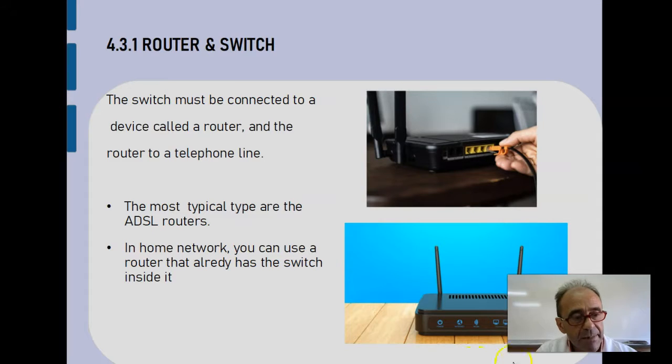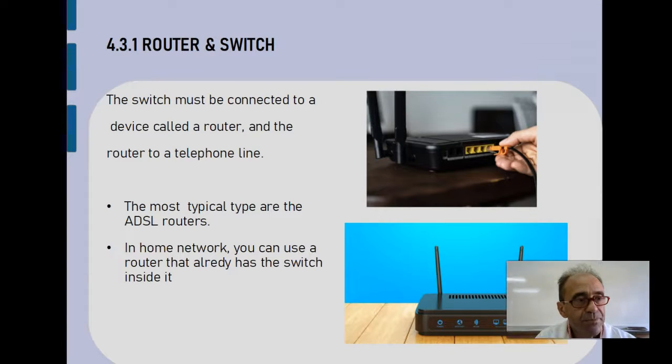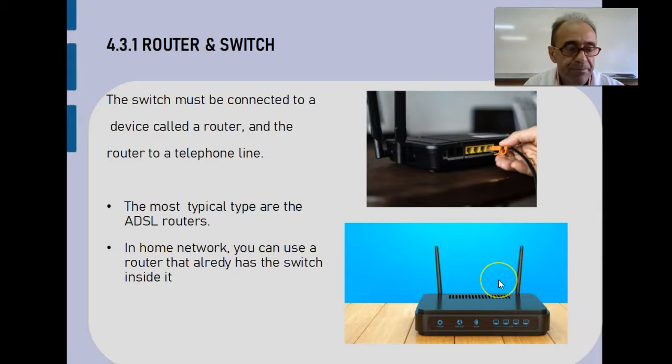The router is the device that allows us to connect to the internet. It's something that we have at home, and it allows us to connect to other computers through the telephone line. This is what a router is.